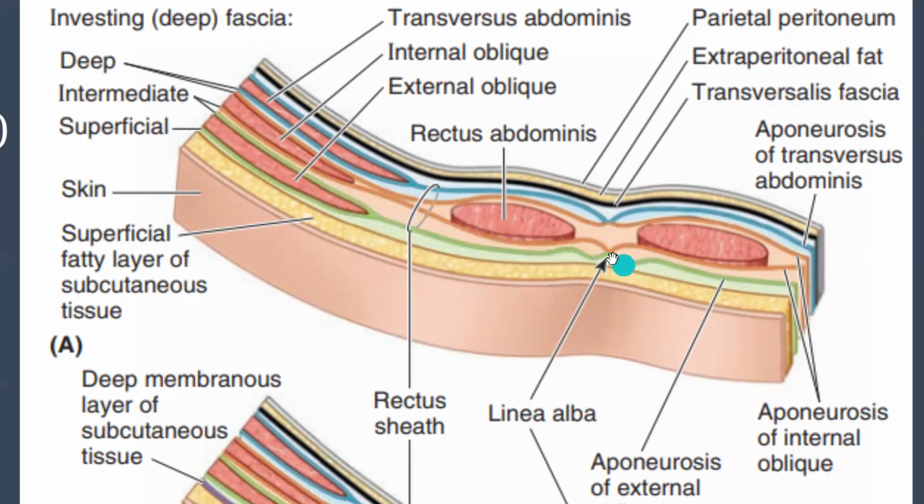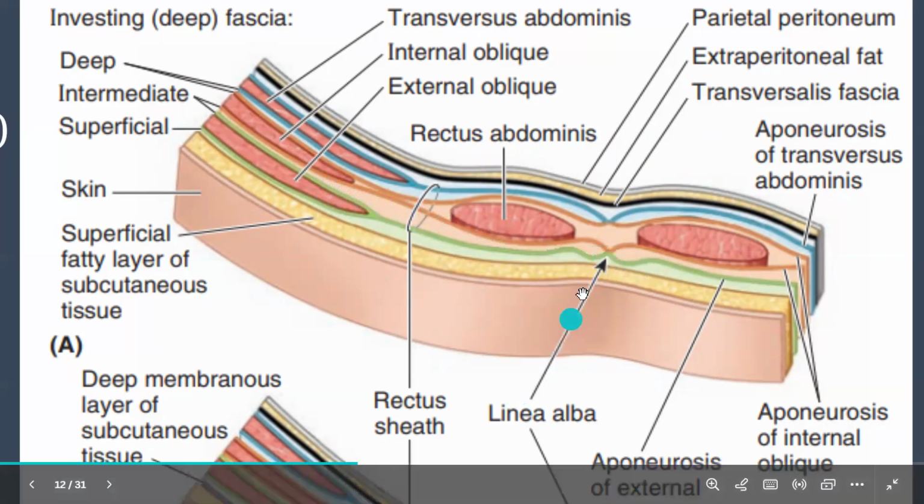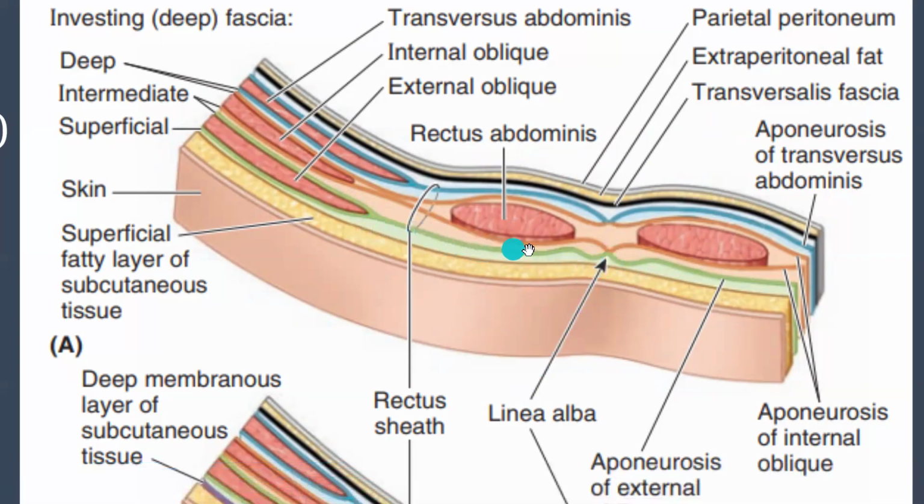Okay, and this invagination here is called the linea alba, like we saw before. So the aponeurosis of external and internal oblique lie anterior to the rectus sheath, and we have the part of the rectus sheath posterior to the rectus abdominis muscle, which here is the internal oblique and transversus fascia, sorry, transversalis fascia.